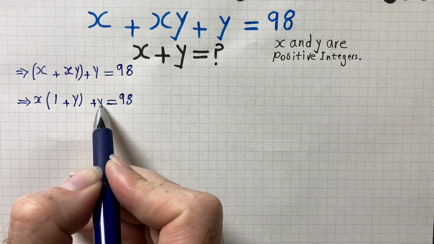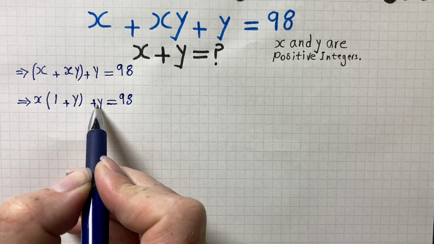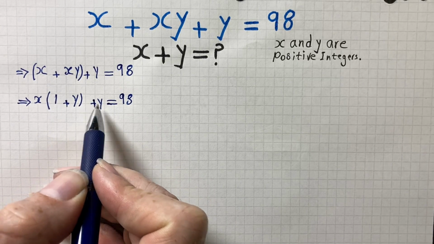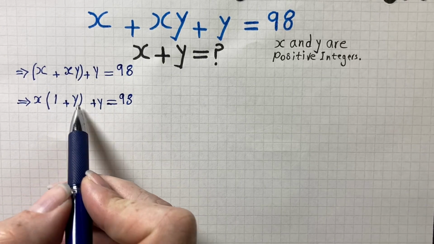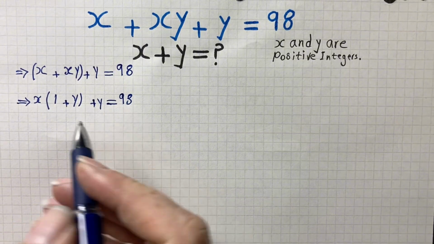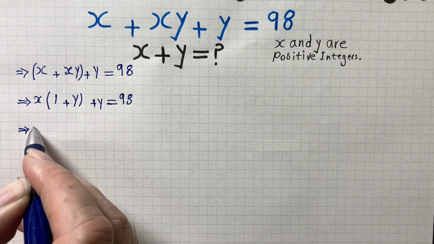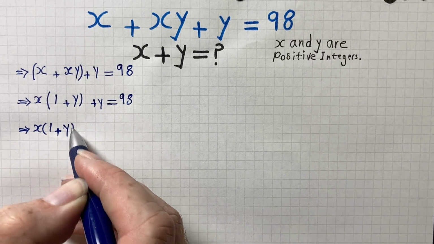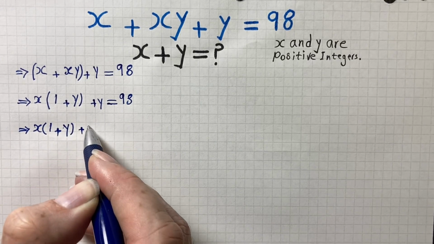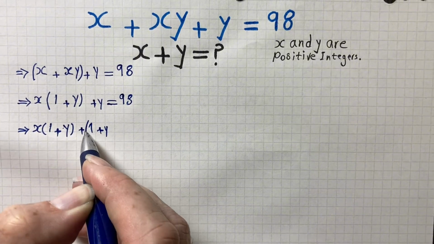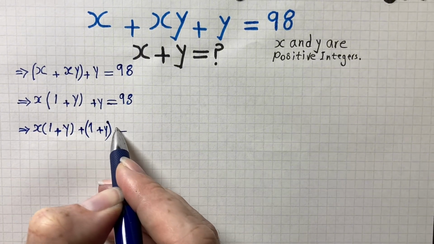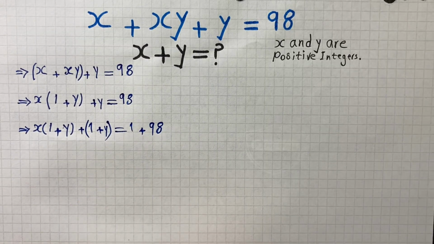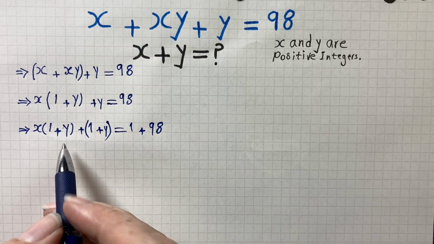Next, here we have 1 plus y. If we make another 1 plus y on the left hand side, we can continue factorization. So to do this, I'm going to add 1 to both sides of this equation. It is going to be x times 1 plus y, plus 1 plus y on the left hand side, equals the right hand side 1 plus 98. So what do we have here?